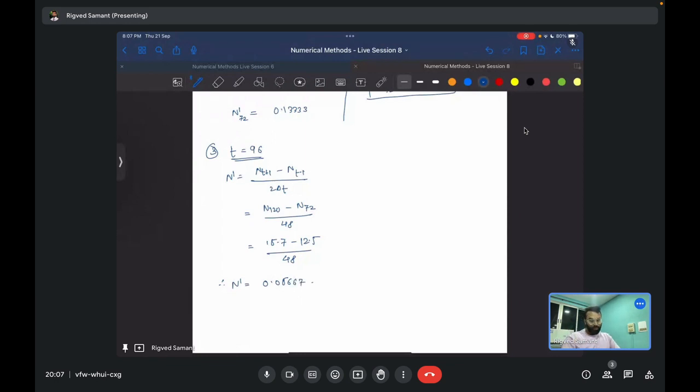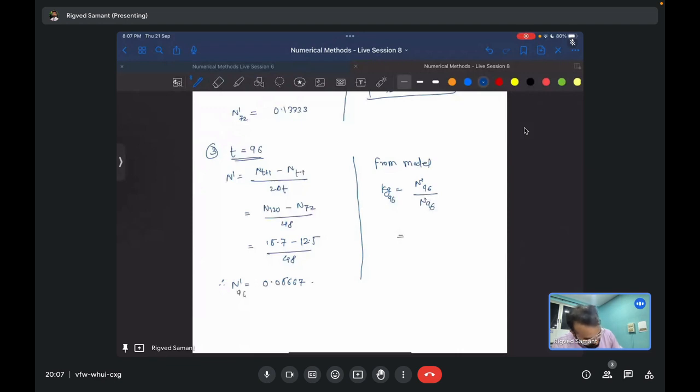Okay. So again from the model, kg at 96 is equal to n dash at 96 divided by n at 96.